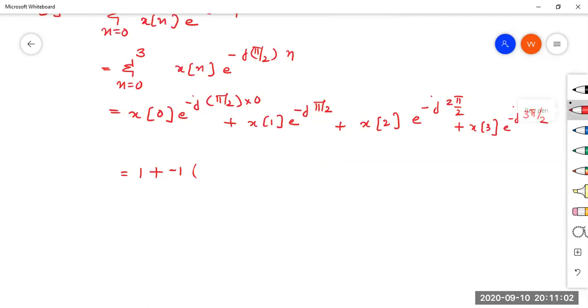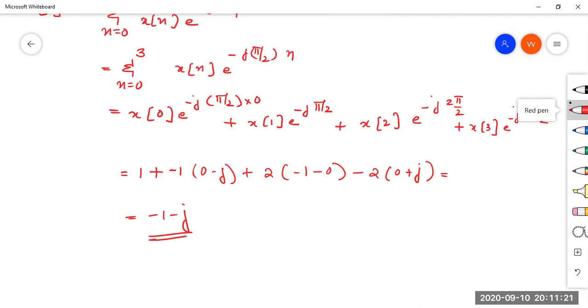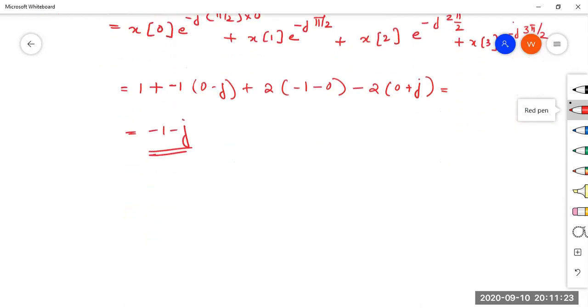So this is minus 1 into, we'll be getting 0 minus j. Similarly, x of 2 is 2. This term will become minus 1 minus 0 minus 2, 0 plus j will be the value. So the answer is equal to minus 1 minus j. Same way, now you have found out X of 0 and X of 1.